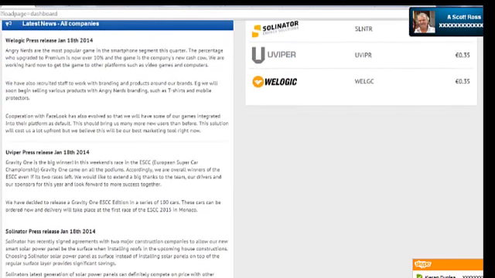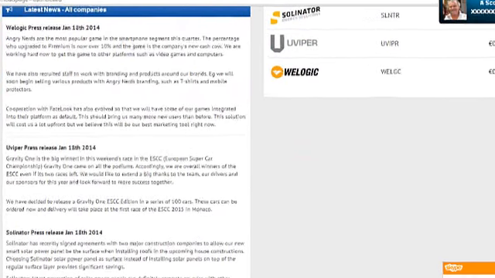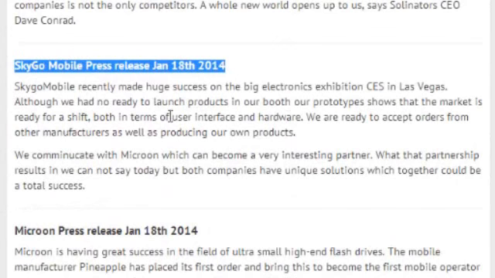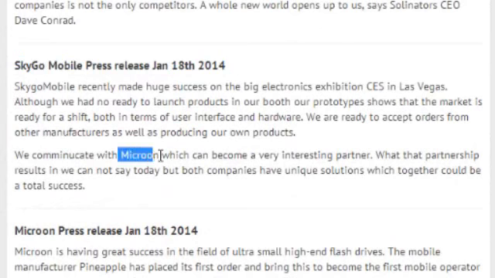If you read about the news release, you will see that Skygo recently made a huge success on the big electronics exhibition in Las Vegas. And they are also considering consolidating with Micron, which is a very powerful company, and becoming a partner with Micron.